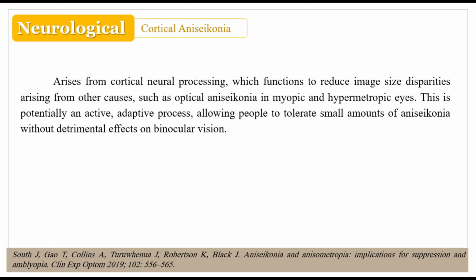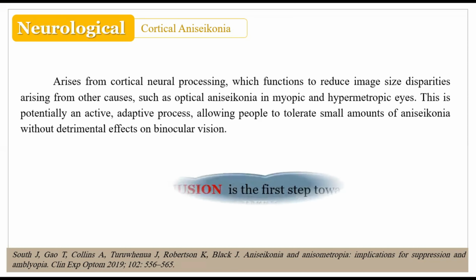So what happens? The cortical neural processing functions to reduce the image size disparities arising from other causes, such as optical aniseikonia. This is an active adaptive mechanism to allow people to tolerate small amounts of aniseikonia without detrimental effects on their binocular vision. So it's a good adaptive mechanism, again done by the visual cortex.